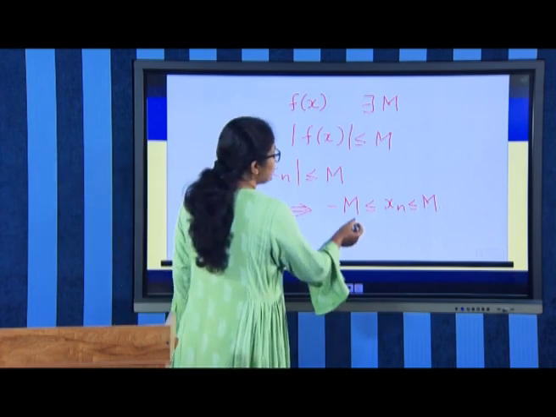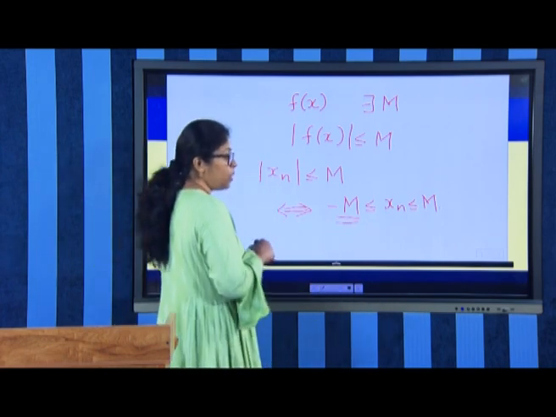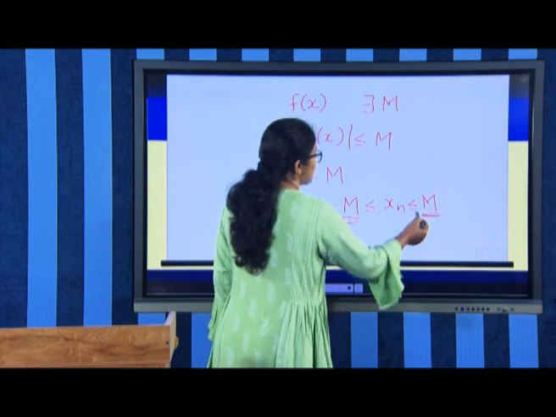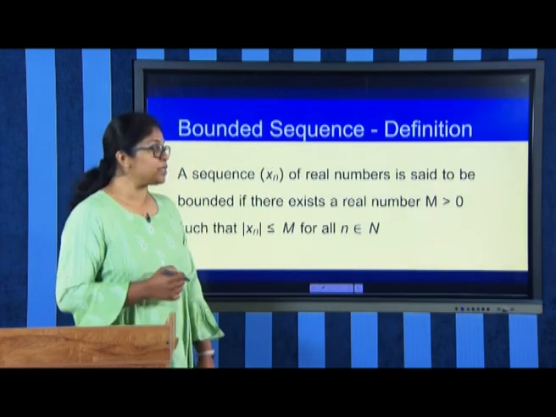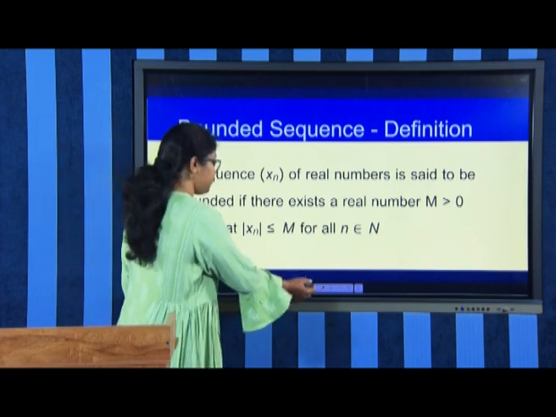So, negative M acts as the lower bound, capital M acts as the upper bound. That is exactly what the definition of a bounded sequence says.